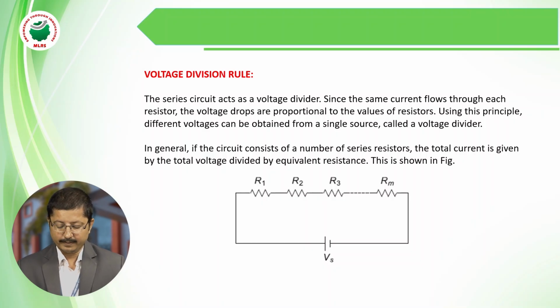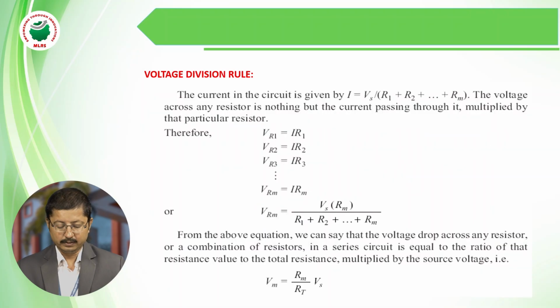For example, if m number of resistors are connected in series, what is the voltage division across each resistance? That we will find now. The total current flowing into the circuit is I equals V divided by R1 plus R2 plus up to Rm.